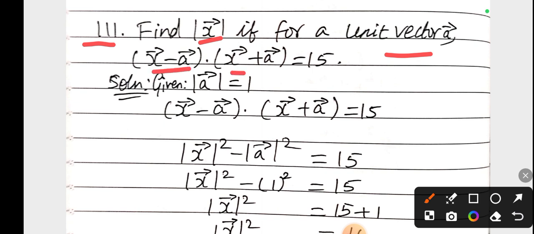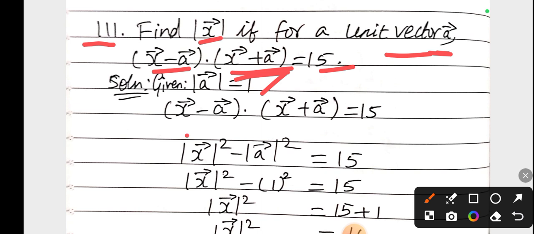Okay, going to the question: x vector minus a vector multiplied with x vector plus a vector equals 15. Same, a is a unit vector, magnitude of a vector is 1. Okay, what are we going to do?